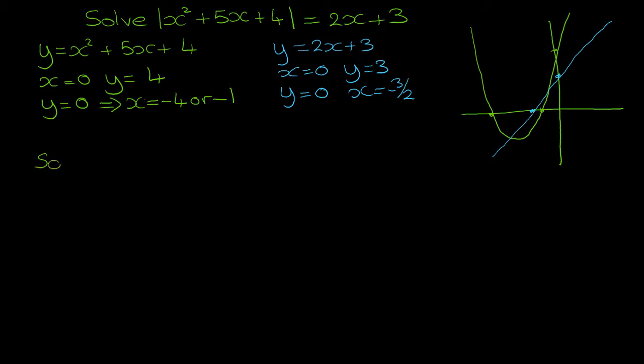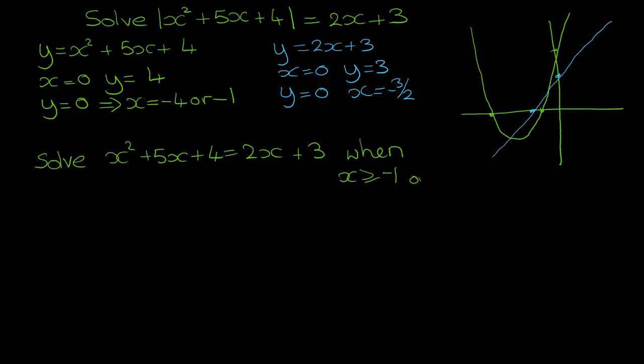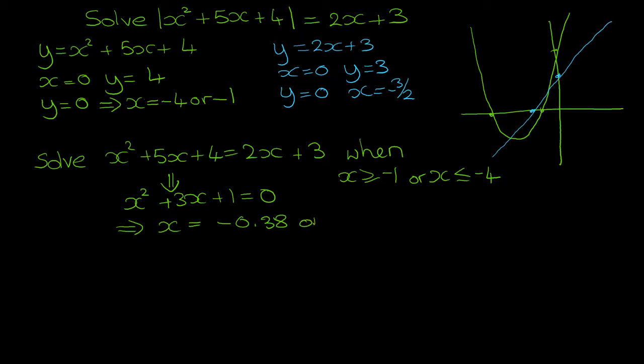So first we're going to solve x squared plus 5x plus 4 equals 2x plus 3 in the region where that function is positive, and that's when x is greater than or equal to minus 1 or less than or equal to minus 4. So rearranging, we get x squared plus 3x plus 1 equals 0. And that leads to x equals minus 0.38 or minus 2.62.